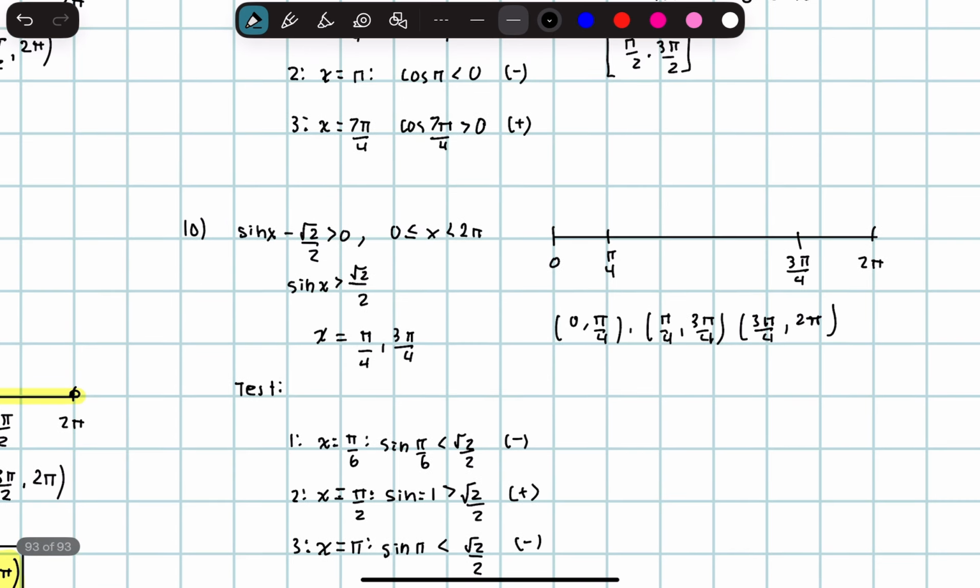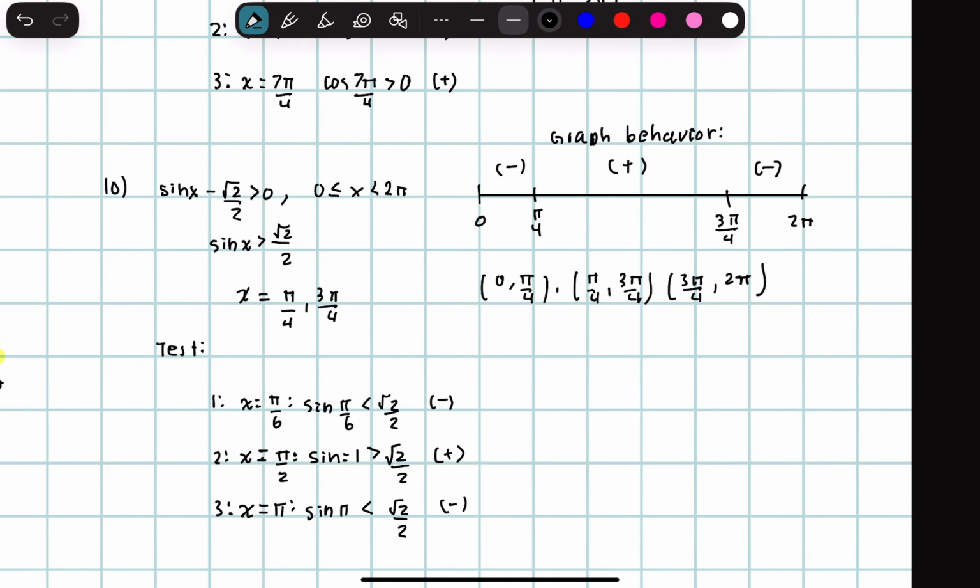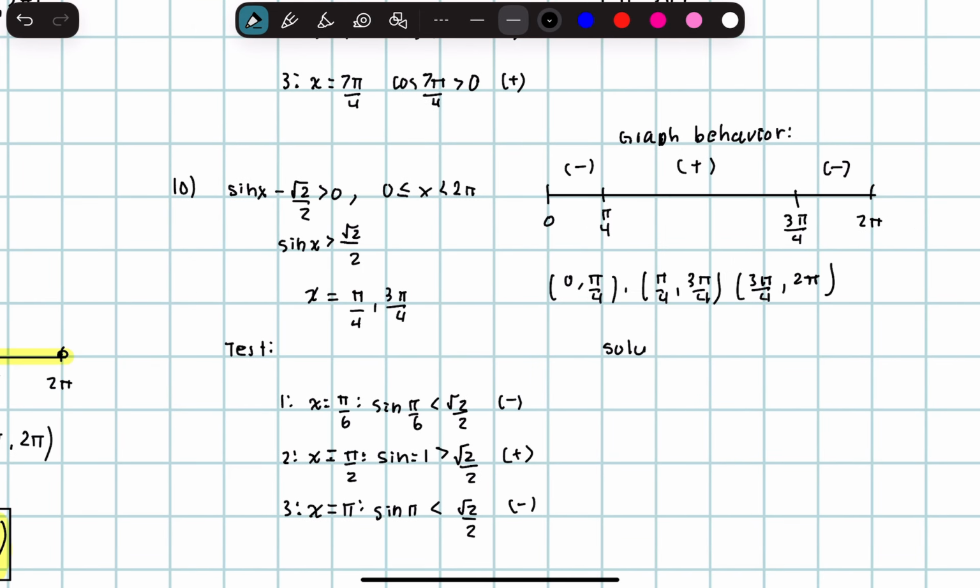So now we can mark this up on this interval. The graph behavior is negative, positive, negative. Remember that we want our solution to be positive, so that means we just include the positive section.